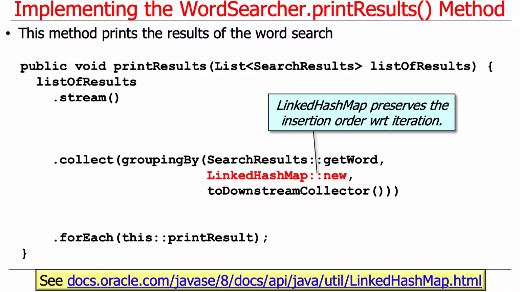And the reason we do that is we want the results to be ordered when we print them by the do, re, mi, fa, sol, la, ti order that we inserted them. If we didn't use a linked hash map, when we iterated through it, it would show up with whatever order the hash spread the values throughout the map. So it's just a little bit more ordered, if you will. But it still uses hashing to actually do the computation.